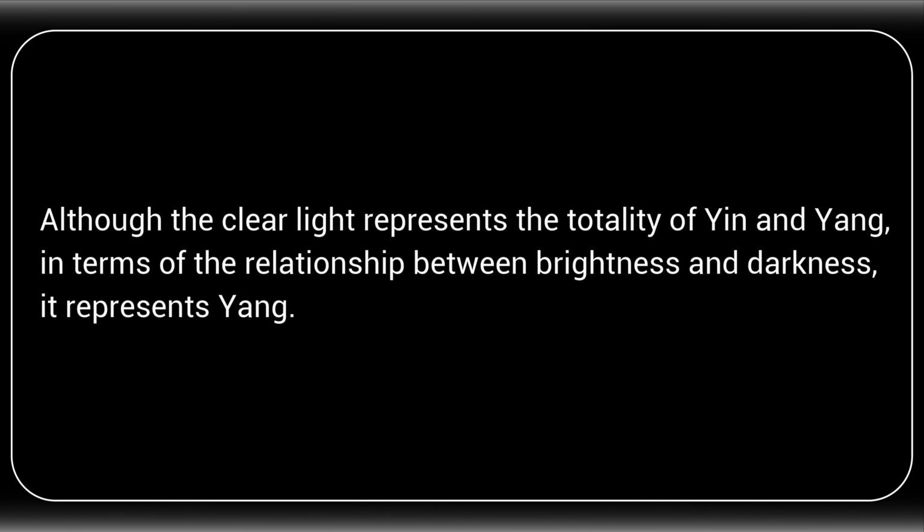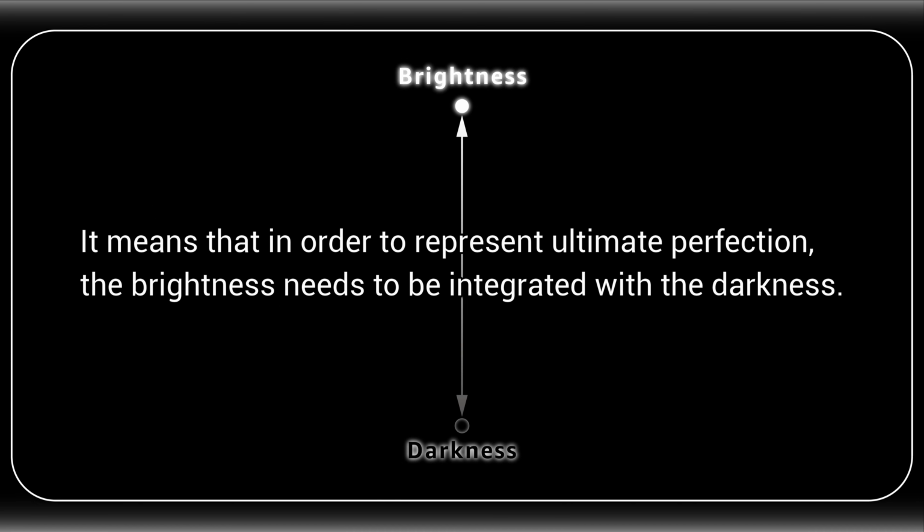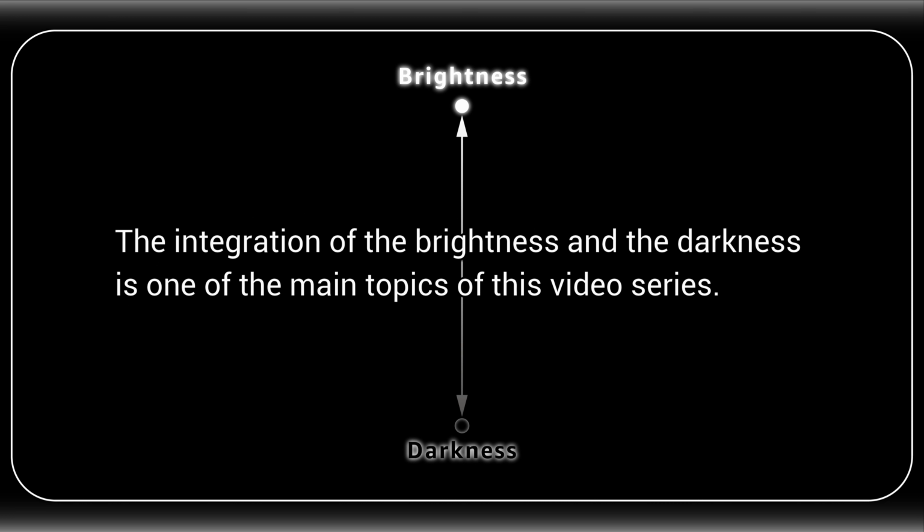Note: Although the clear light represents the totality of yin and yang, in terms of the relationship between brightness and darkness, it represents yang. It means that, in order to represent ultimate perfection, the brightness needs to be integrated with the darkness. The integration of the brightness and the darkness is one of the main topics of this video series.